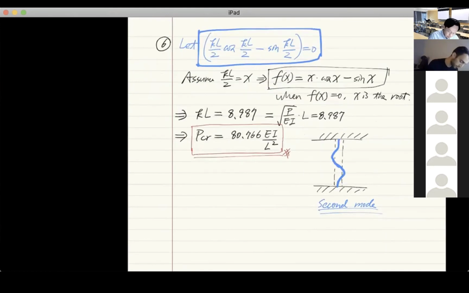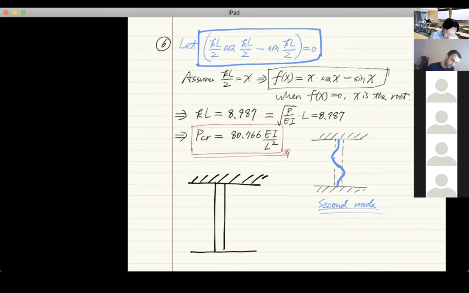If you introduce additional constraints to this column by introducing a midpoint or midspan constraint, suppose I add another support here, also like this, then the first mode will not happen.